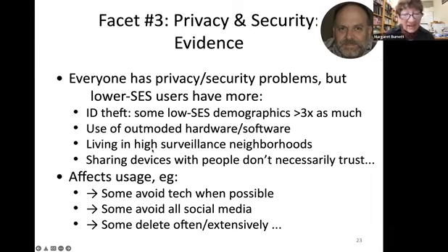Of course, they're living in these high surveillance neighborhoods with security cameras everywhere, on every shop front and stoplight and all over the place. And furthermore, if they have to share devices, they may not actually trust the people that they have to share their devices with.